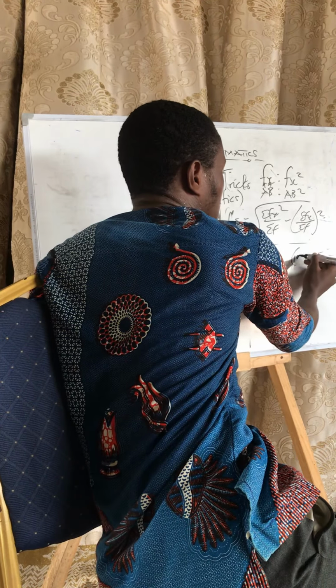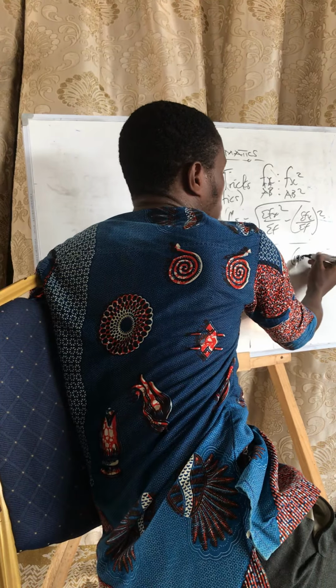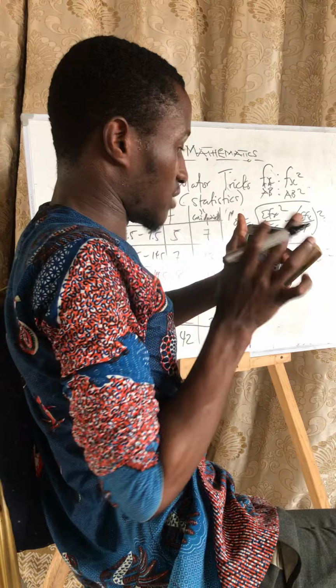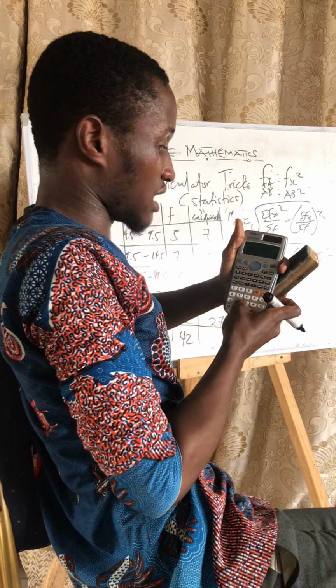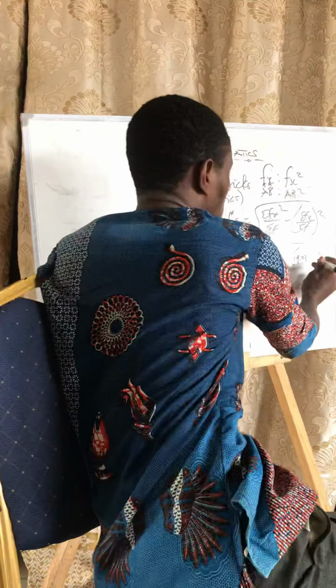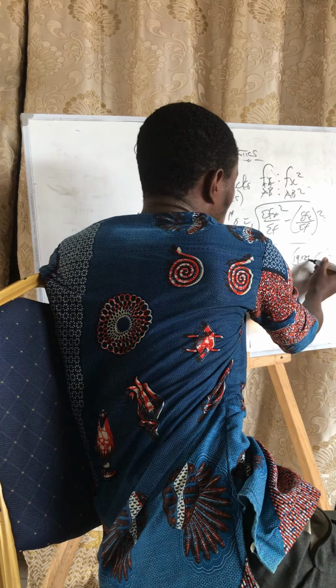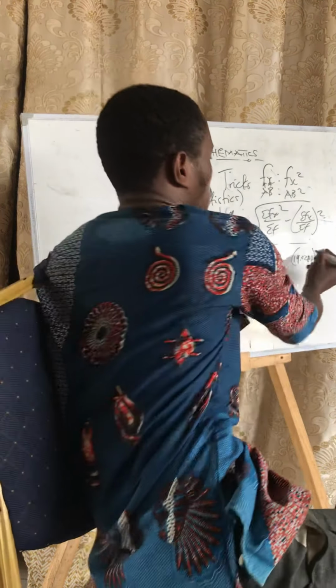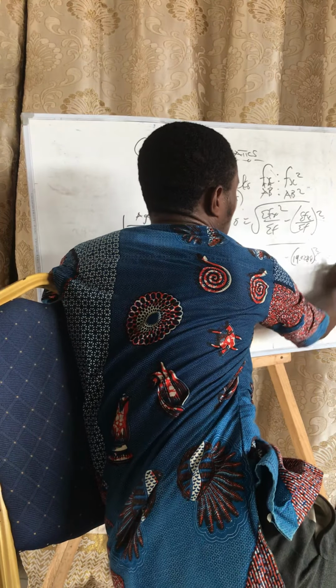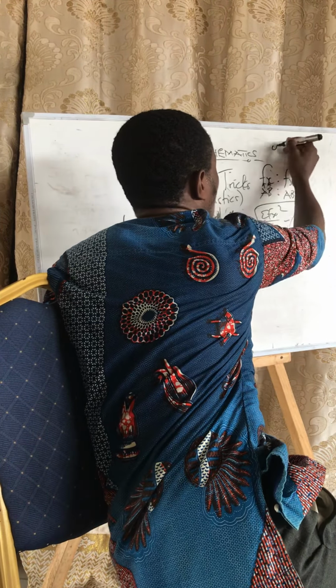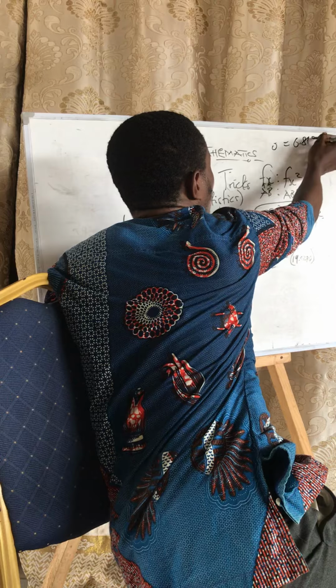So I'll write 19.0, what was it? I don't have them in my mind, but I can always get them back. 19.0238. Yes, that was it. Squared. The calculator says the answer is 6.819.